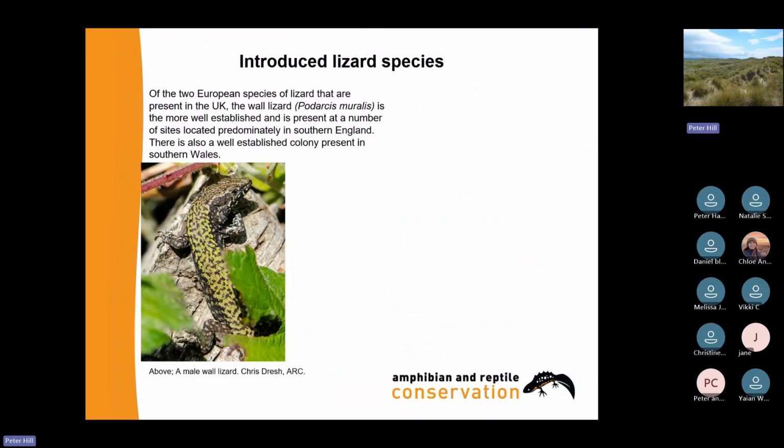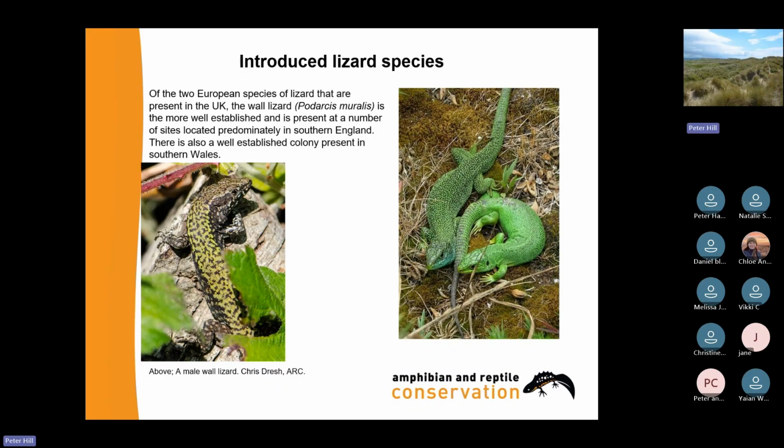We also have some introduced lizard species, which is not a recommended thing to do. You can bring all kinds of issues such as introduced pathogens, diseases, unwanted competition, etc. However, wall lizards are well established at numerous locations in the UK, including southern Wales.